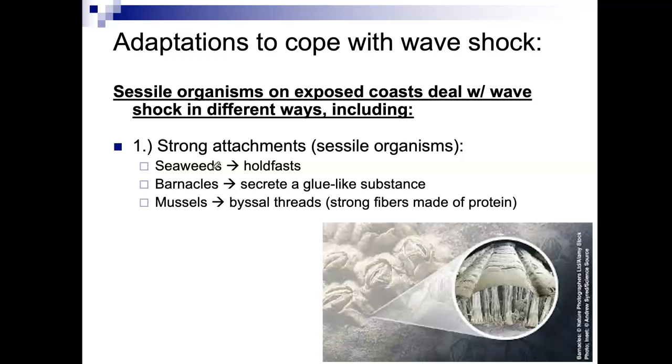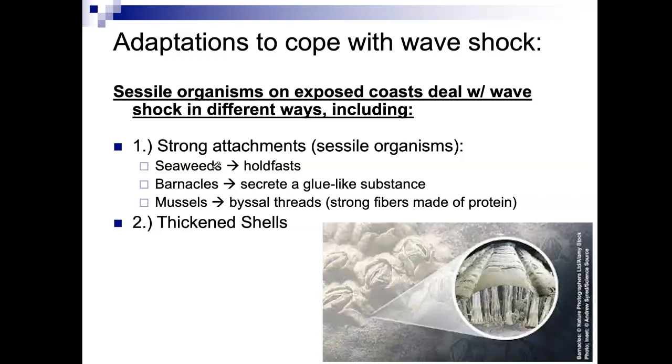And then mussels are going to produce these byssal threads that you saw in lab. These are really strong proteinaceous fibers that will attach themselves to the rocks. So strong attachment. Again, you want to make sure you know these ways to cope with wave shock. One of them is by producing a really strong attachment if you're a sessile organism.